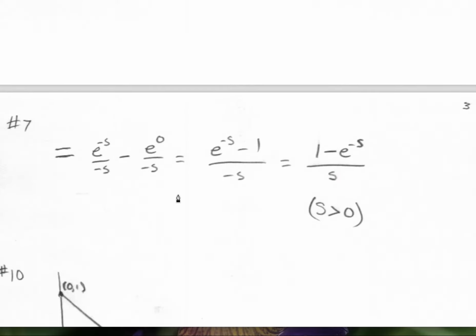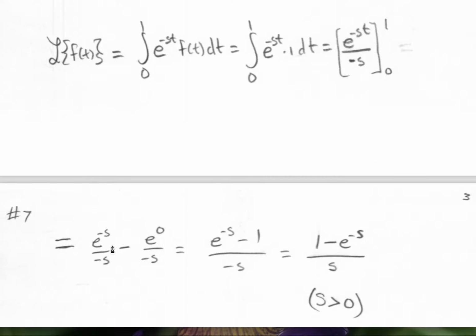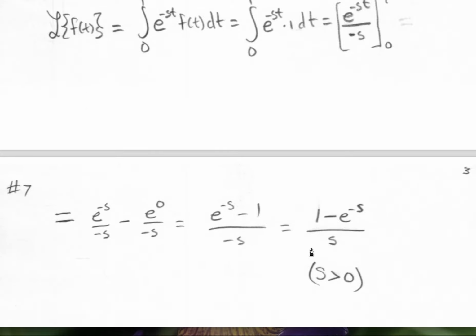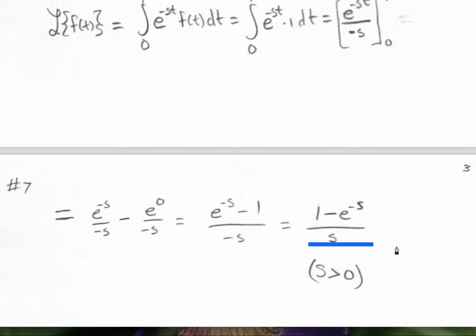I plug in the 1 where I see t, and I get e to the minus s divided by minus s, and then minus e to the 0 divided by minus s, because I plugged in 0 where I saw t, and this negative is from the fundamental theorem of calculus. And when I simplify, I get 1 minus e to the minus s divided by s.